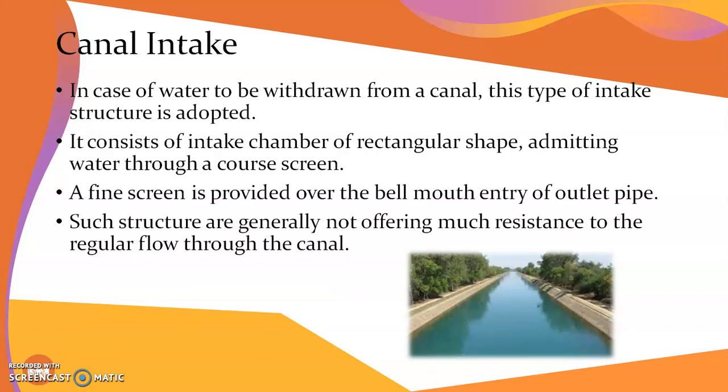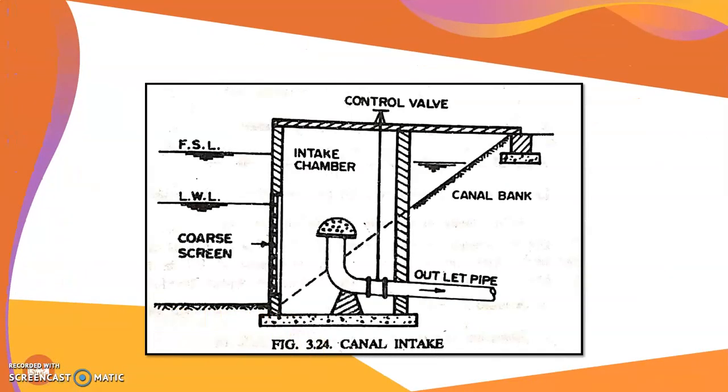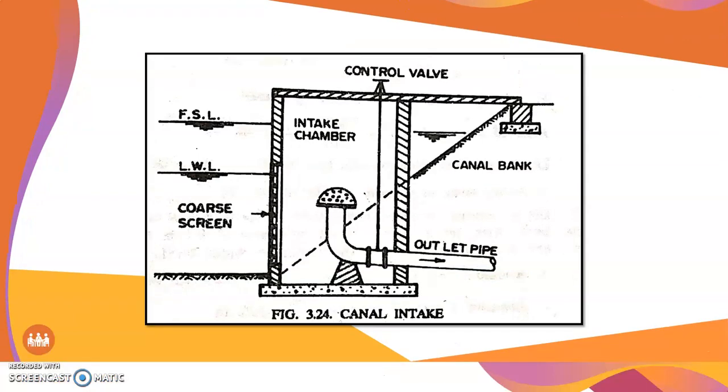Such structures generally do not offer much resistance to the regular flow throughout the canal. This is a figure of a canal intake, which is a simple rectangular structure in which the inlet pipe has been provided with different coarse screen openings at the chamber, and the entry at this point is secured with the help of a bell mouth entry.